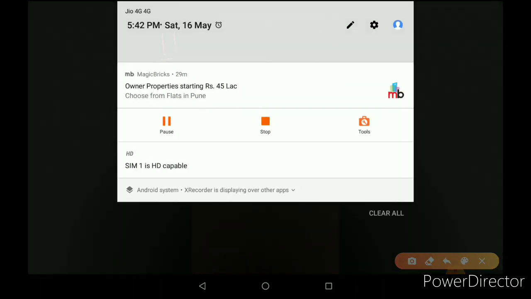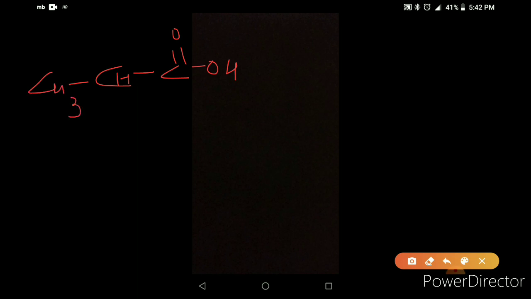Let's take one example. Where we have C double bond O, OH attached with carbon, and one more carbon, and I have a nitro group attached over here.